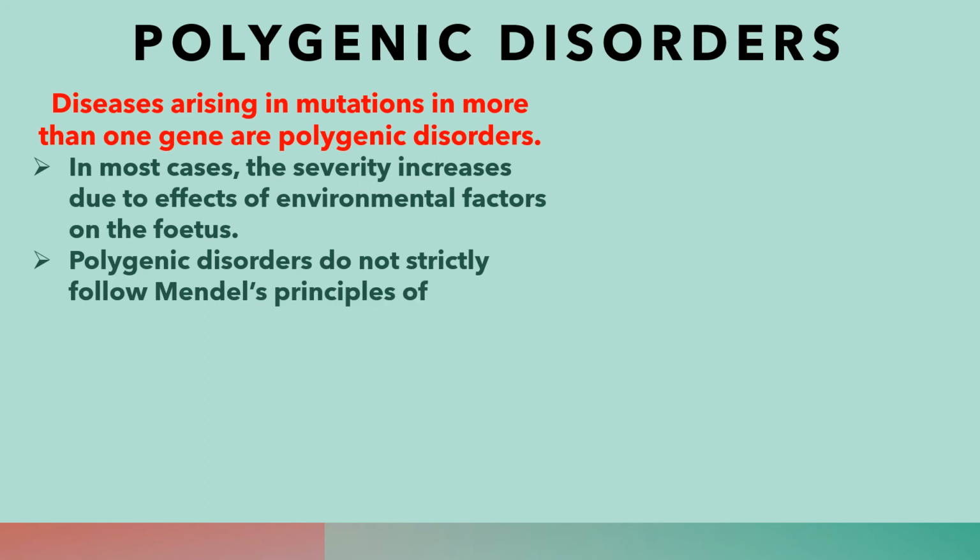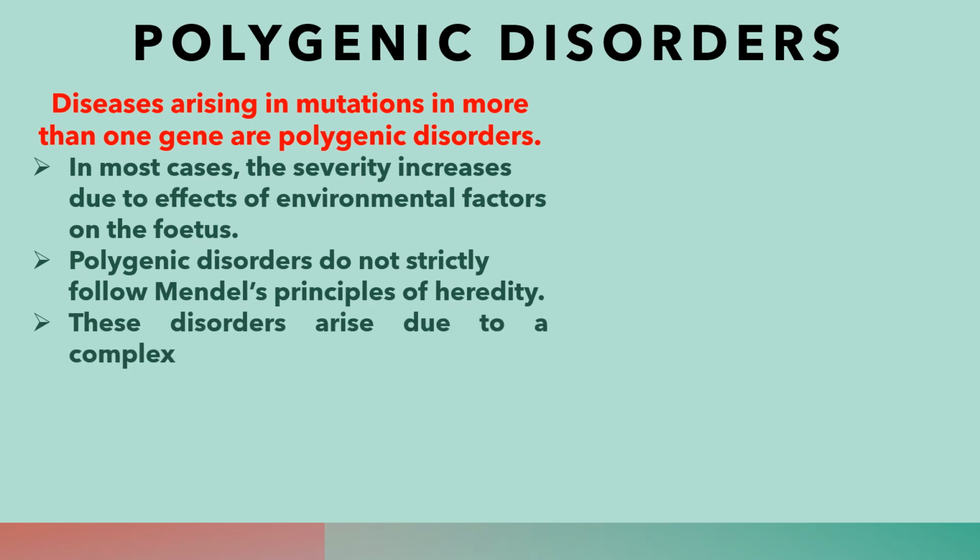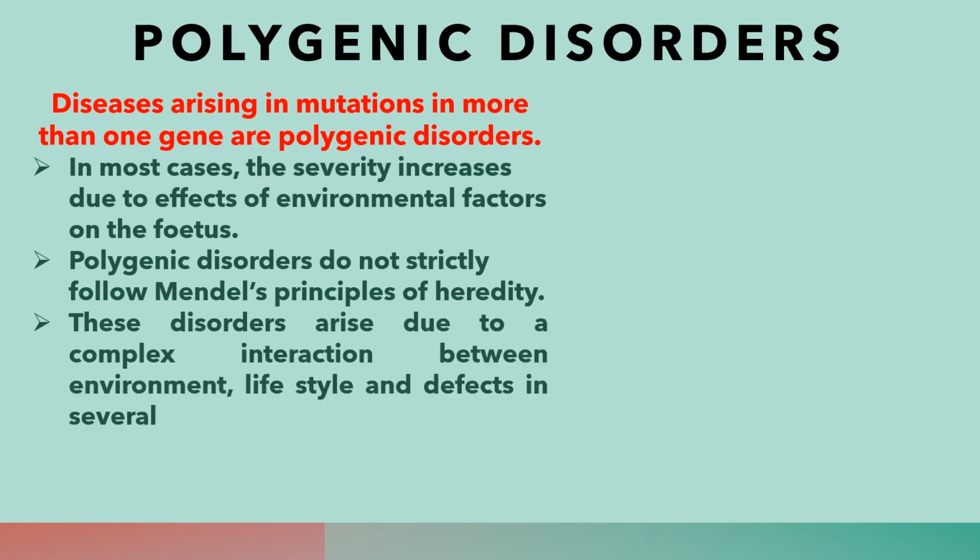Now, these disorders do not strictly follow Mendel's principles of heredity, and they arise due to a complex interaction between environment, lifestyle, and defects in several genes. So it is not only that we get defective genes, but the surroundings or the environment and the lifestyle that we lead also cause these disorders.